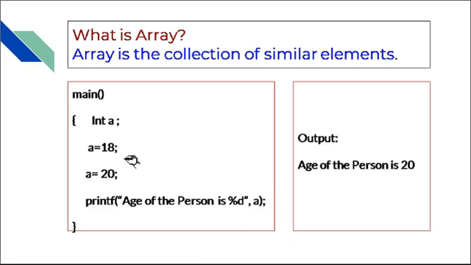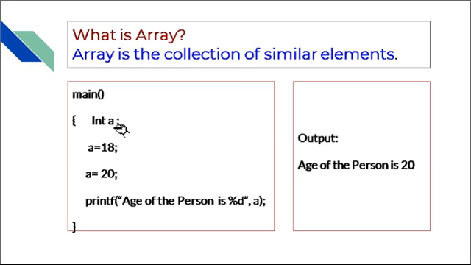Here, int a is an integer type variable. When the statement int a is executed, what does it tell the compiler? It tells 4 points to the compiler. The first one is the variable a is declared. That means one location is created. Name of the location is a.